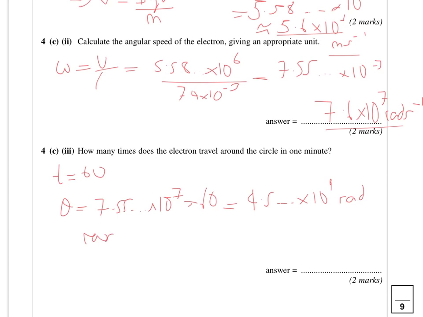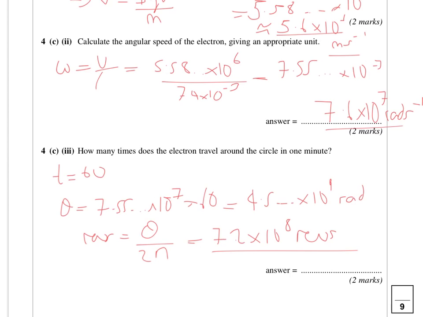So the revolutions is the angular displacement divided by 2 pi, which comes out as 7.2 times 10 to the 8 revolutions, or complete orbits, if you like.